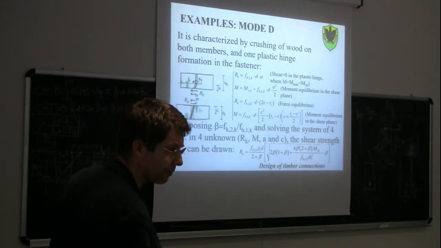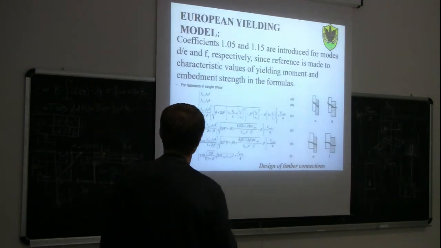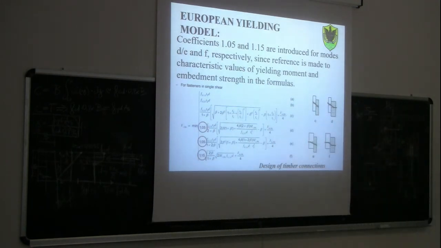If you compare this equation with the equation in Eurocode 5, you will find that there are some additional factors. For example, we have this factor 1.05 multiplying this term, another 1.05 multiplying the second term, and the last one, the factor 1.15. Where do these factors come from?